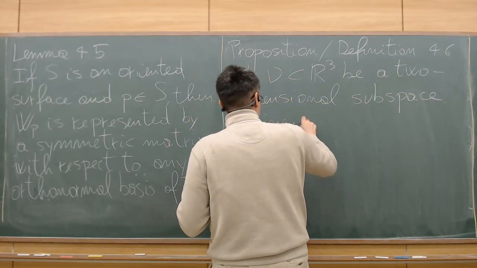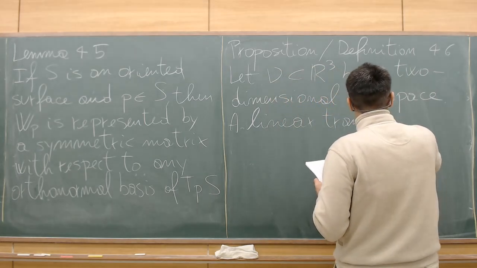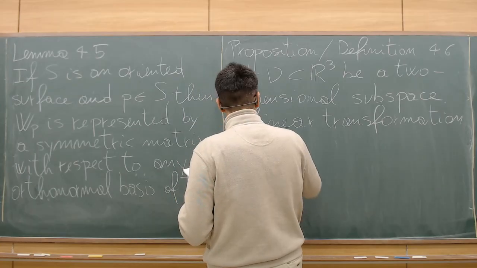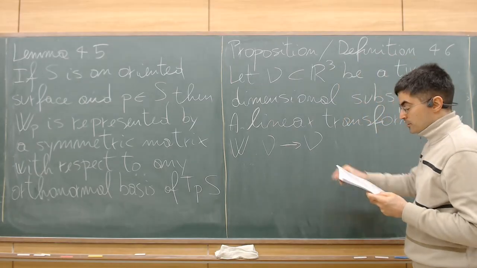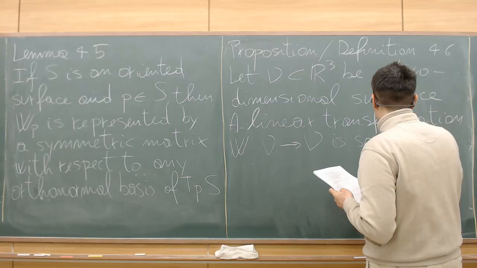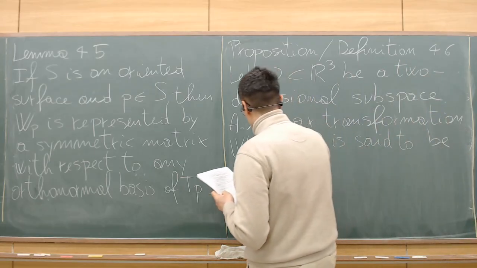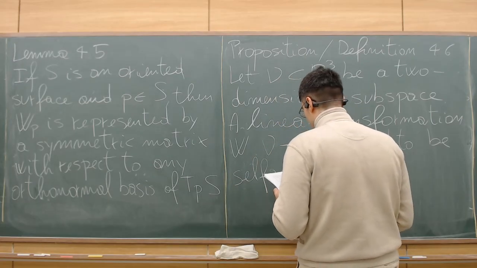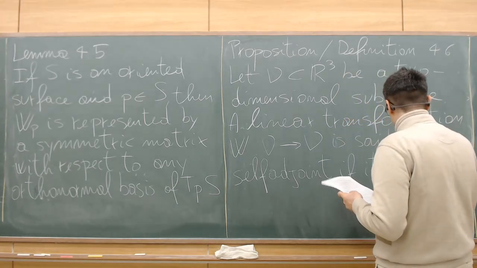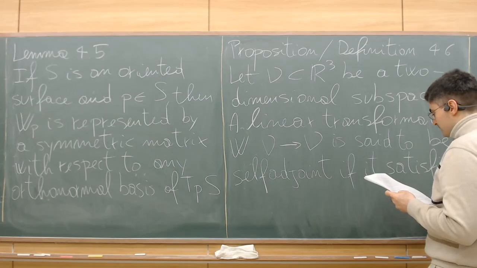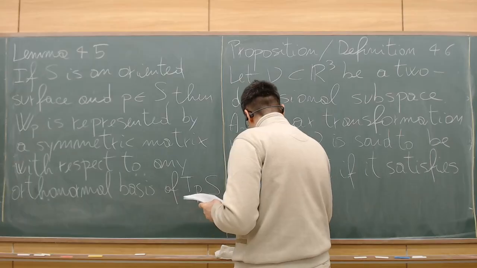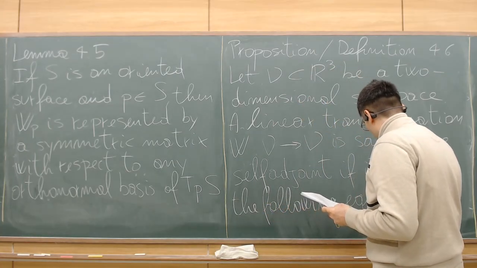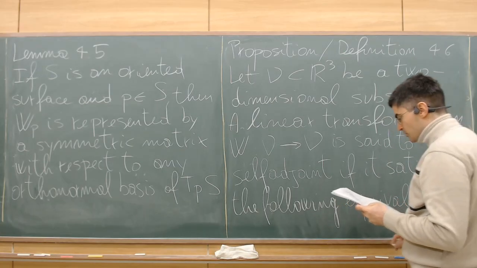A linear transformation W defined on nu with values in nu is said to be self-adjoint if it satisfies the following equivalent conditions.